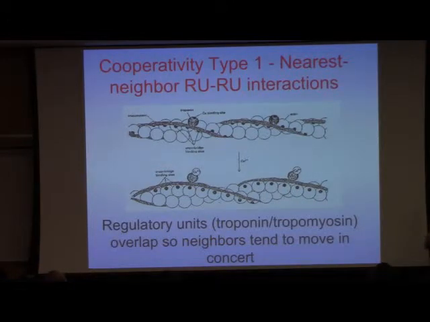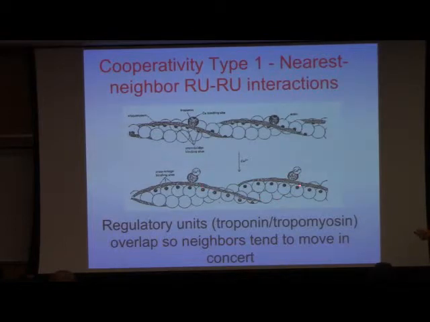So how do we get a higher Hill coefficient? We're going to talk about something called cooperativity. We'll be kind of loose about it, but cooperativity here just means when proteins work together to bring about some kind of increase in sensitivity. So here we have the thin filament, again with the calcium binding component and tropomyosin.